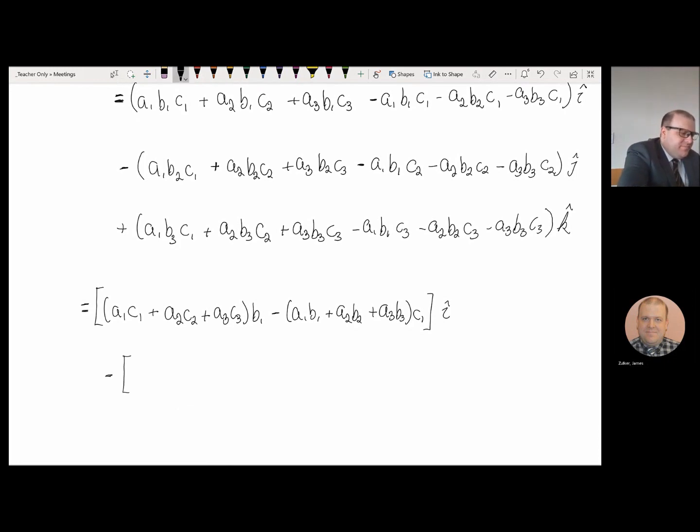J component, first 3 terms, factor out a B2. And then you can factor out a negative C2 from the next three terms.